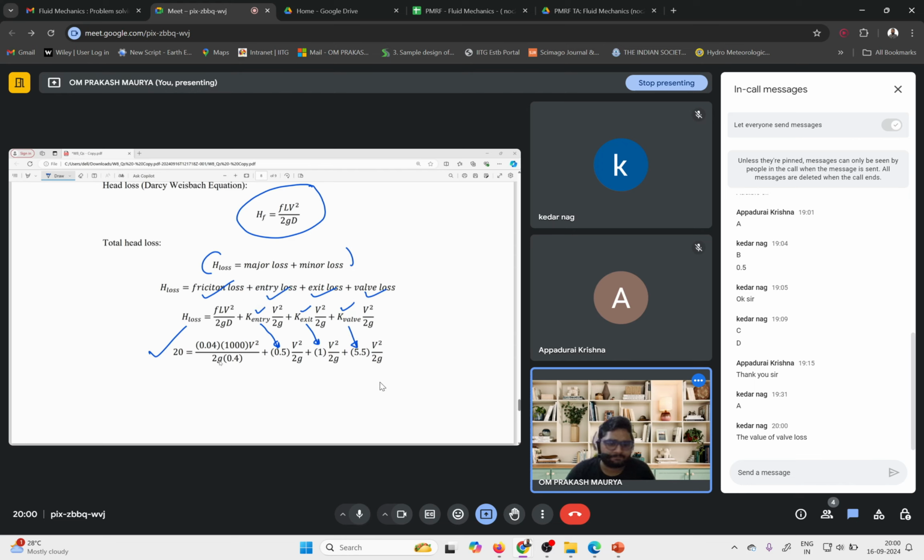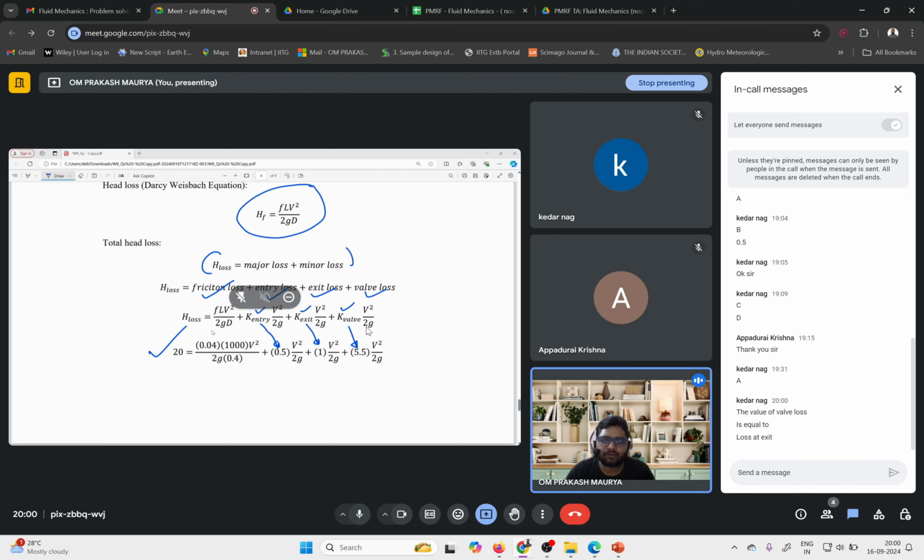Okay, the value of valve loss is equal to what? That is K valve V square by 2g. No, here 5.5 is given. You are asking about K entry.